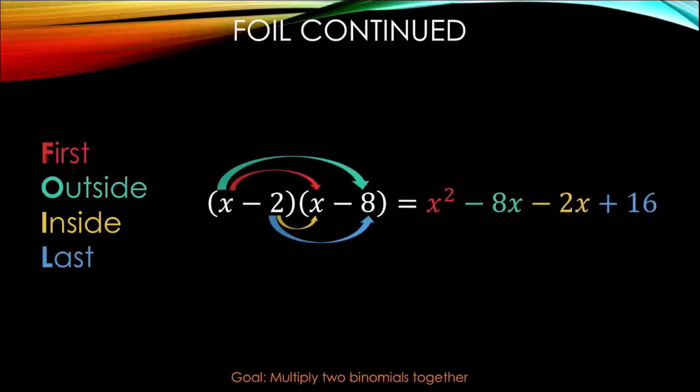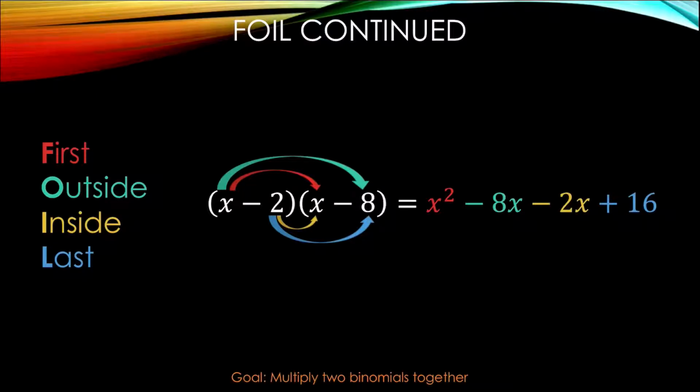All right, let's practice this. See an example first. So my first one is the first term multiplied by the first term, which gives me x squared. Okay, then we get to the outside. In this case, this is like my green. x is on the outside and 8 gives me negative 8x.